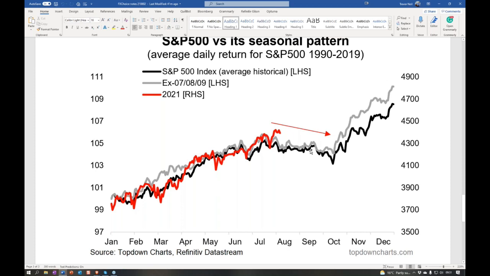Also, the volatility is higher in this period as well. So what it's telling us is that we're coming into a cyclically weaker period with higher volatility, which can sometimes move climactically into October and then bounce out very, very strongly in October.